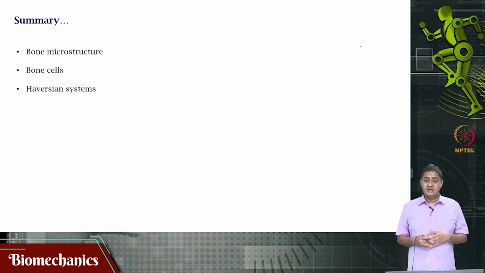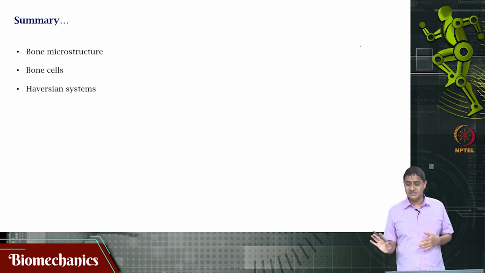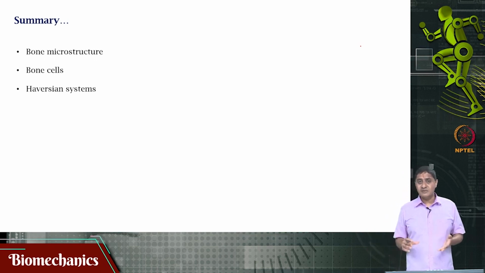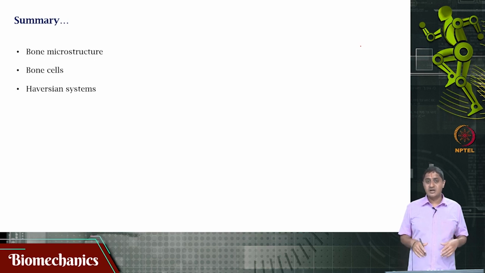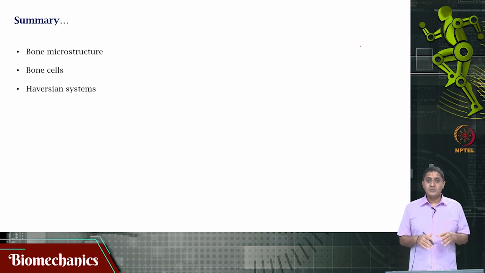Osteoprogenitor cells are the stem cells from which osteoblasts and osteocytes develop. Osteoclasts have a different stem cell, and their job is to digest, reabsorb, and destroy unused or old bone cells. We also saw the Haversian system, the canal that communicates with the osteocytes that surround it.